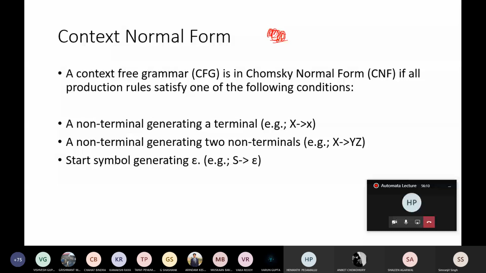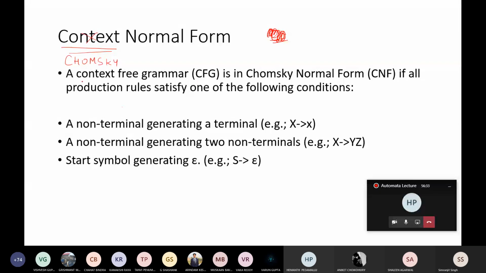In many other algorithms, these normal forms are demanded as a pre-processing step. To convert into a context normal form, sorry for that, it is Chomsky normal form. This is not context, that was a wrong thing. This is Chomsky normal form, so keep that in mind.